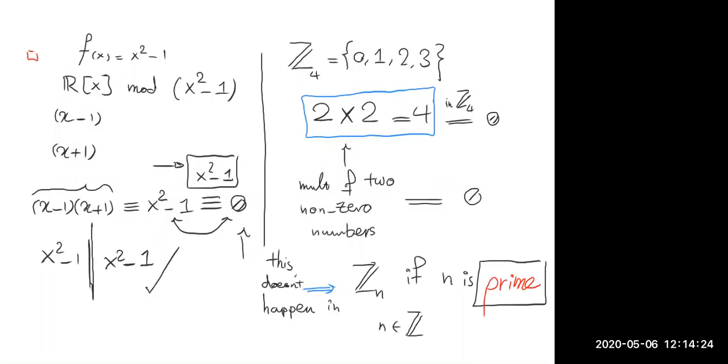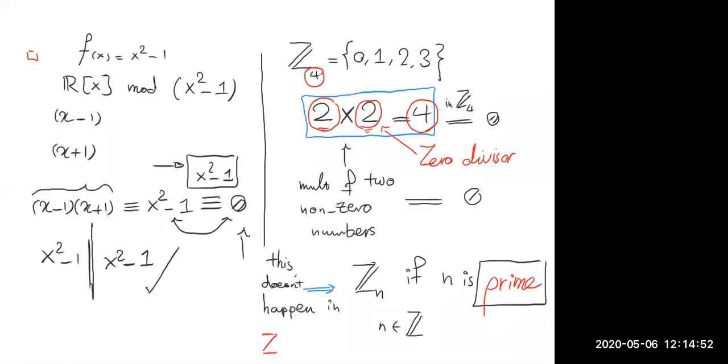So here 4 is not prime. These numbers are called zero divisors. A zero divisor means the number is not equal to 0, like 2 here, but I can multiply it with another non-zero number, here again 2, such that their multiplication becomes 0. Here 4 is really equal to 0 in Z4. Another example is Z6.